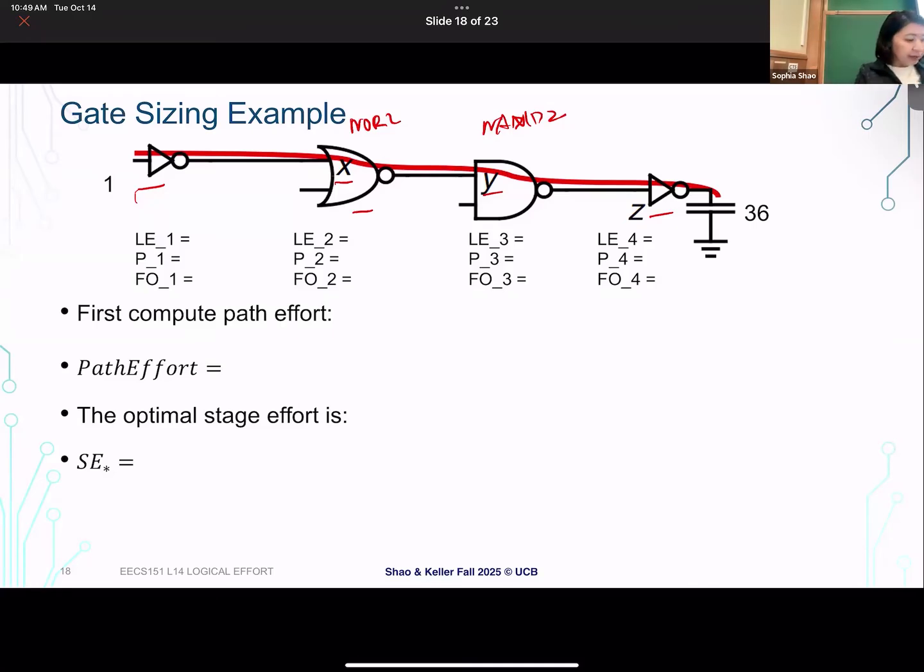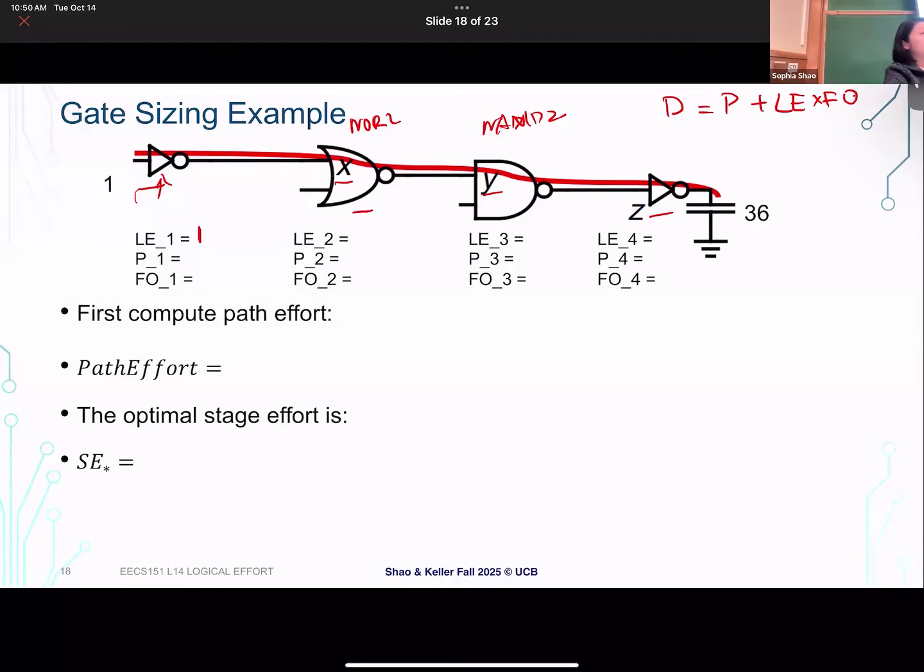We mentioned the delay for each stage is the parasitic of each stage plus the logical effort times the fan out effort, right? So with that, we'd like to understand what the values are for each gate. Let's do this together. Let's do the first inverter. The logical effort of an inverter is 1, normalized to itself, right?